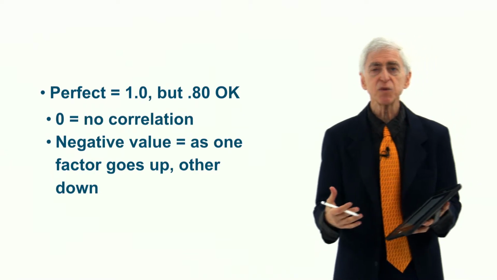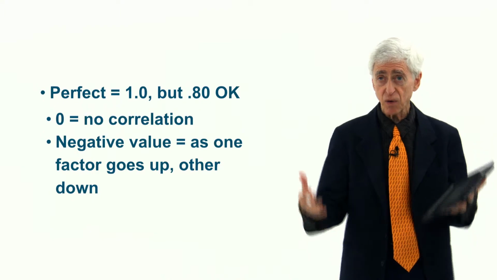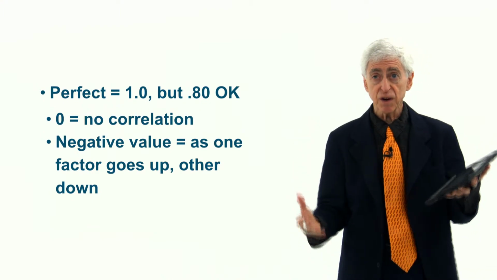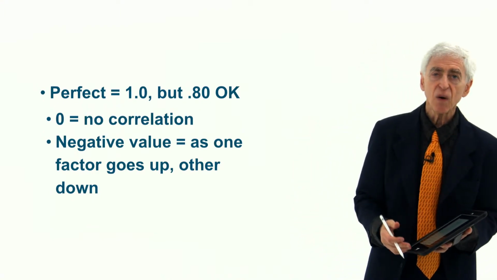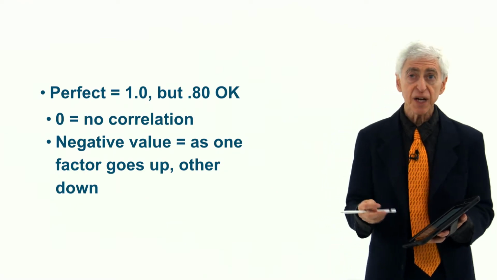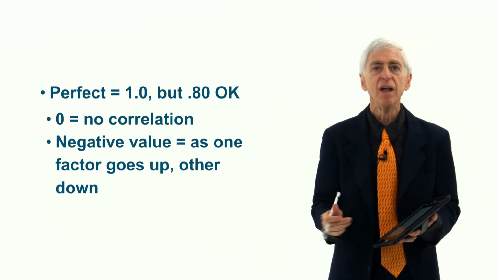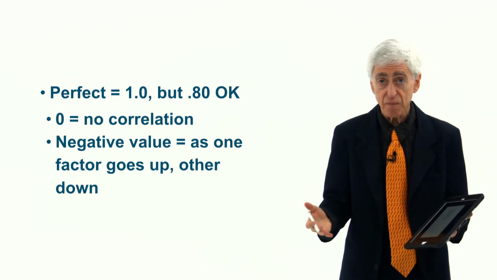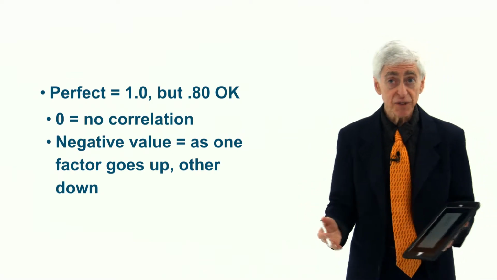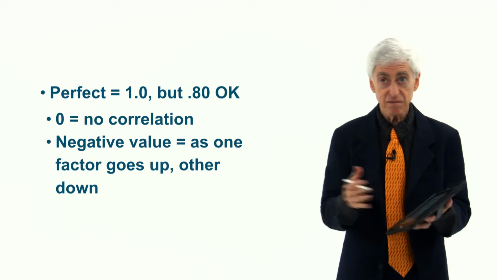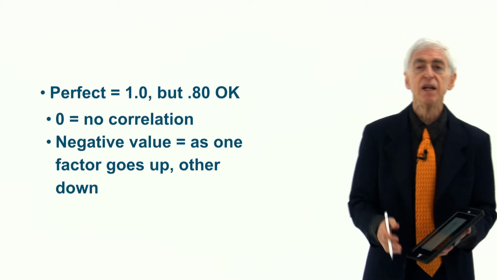But there are times when we're trying to measure a negative correlation. So it is possible to have a perfect 1.0 or minus 1.0, and that actually really proves something. The one that doesn't prove anything is a 0, because there is no correlation there.